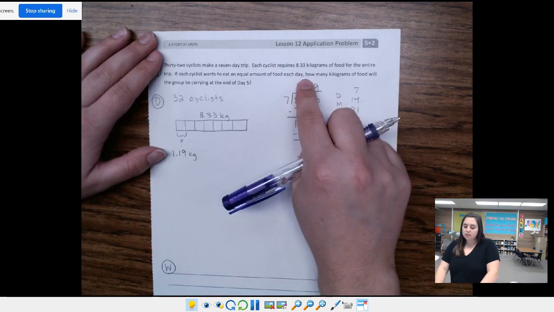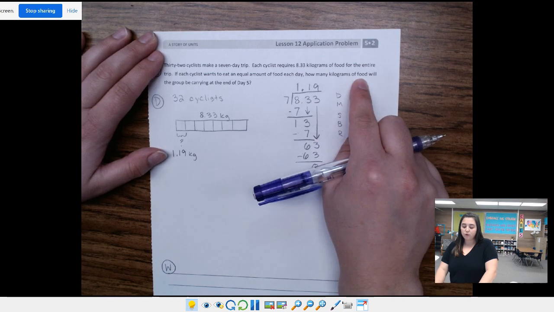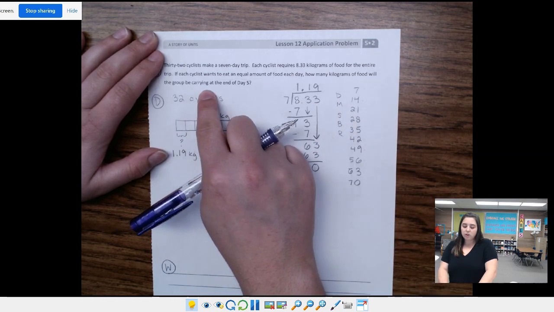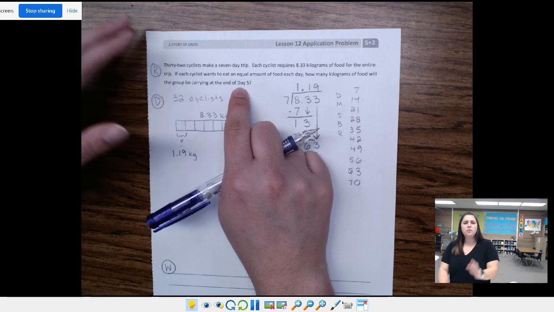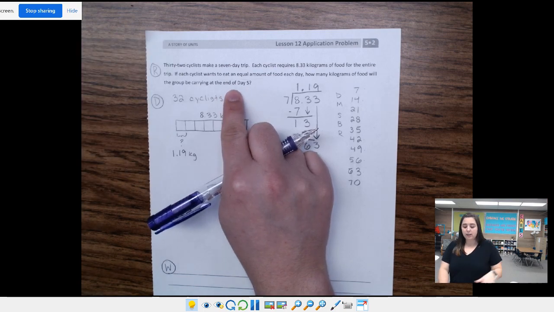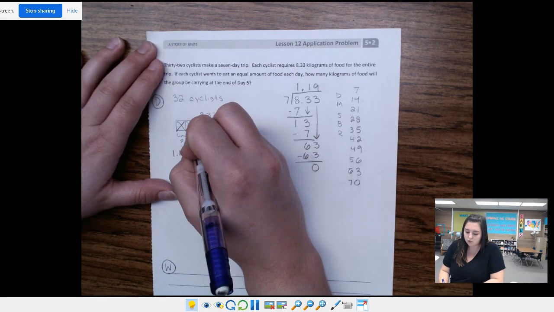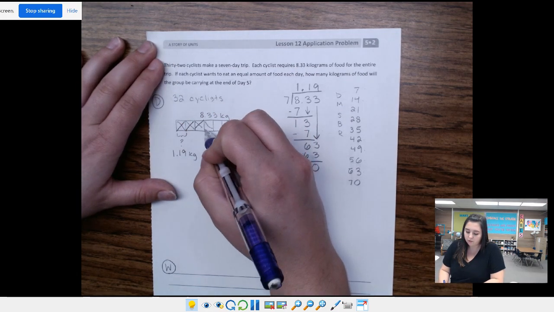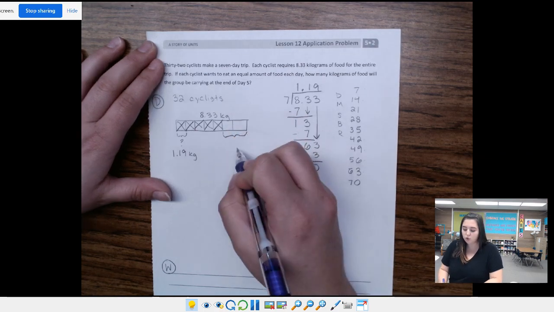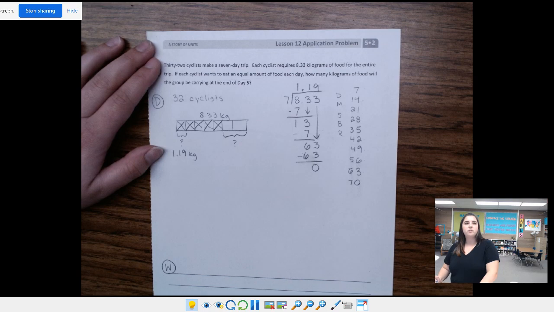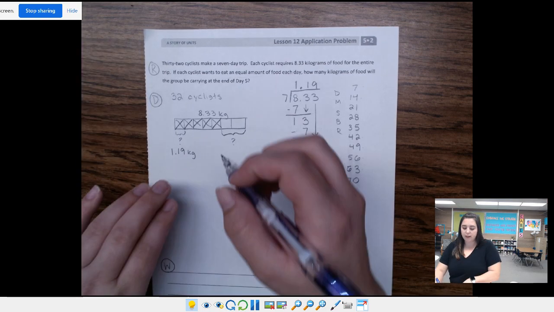The question is, how many kilograms of food will the group be carrying at the end of day 5? So I think by end of day 5, they mean you already ate day 5. So this food's gone, day 1 food's gone, day 2, day 3, day 4, day 5. You have 2 days of food left. Well, this was telling me how much I was eating in just one day.